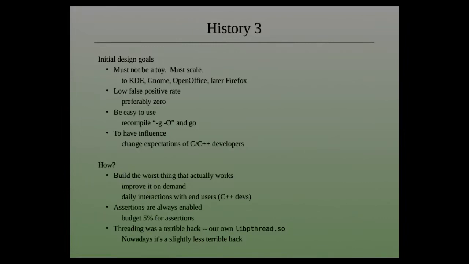And then there was an interesting meta goal, which is that, at least for me, and I think for many of us, we always wanted to have influence, which is to say we wanted to change the expectation of C++ developers in the open source community. This was really the first, I think, free tool that did memory checking in a widespread way.